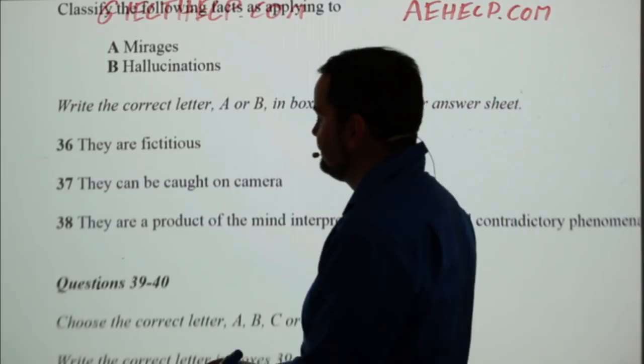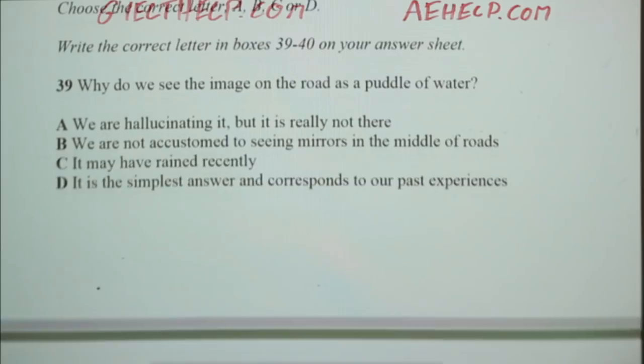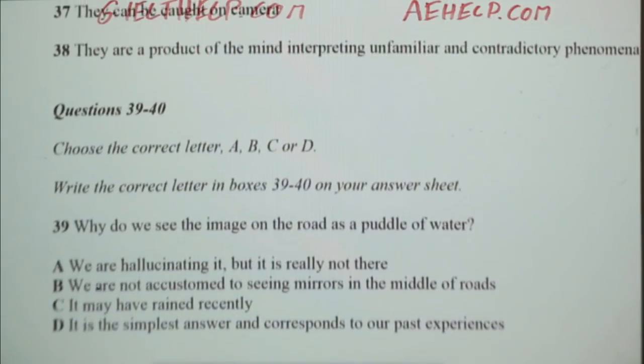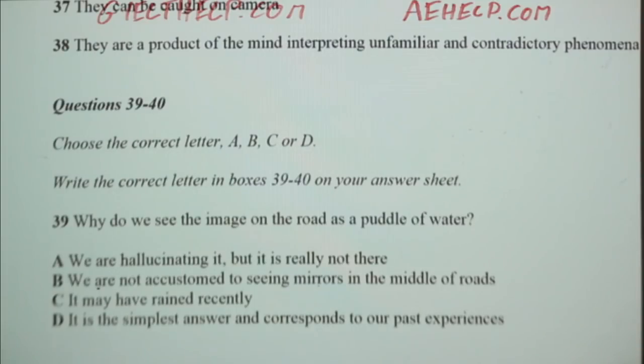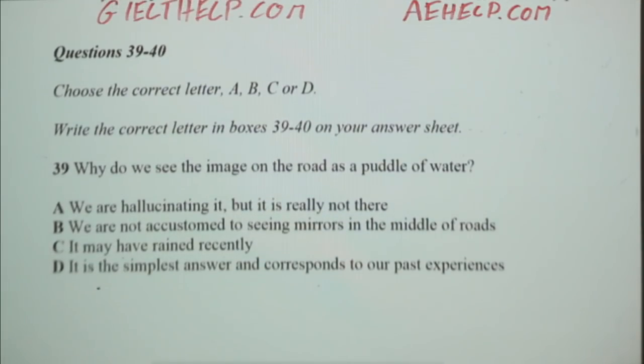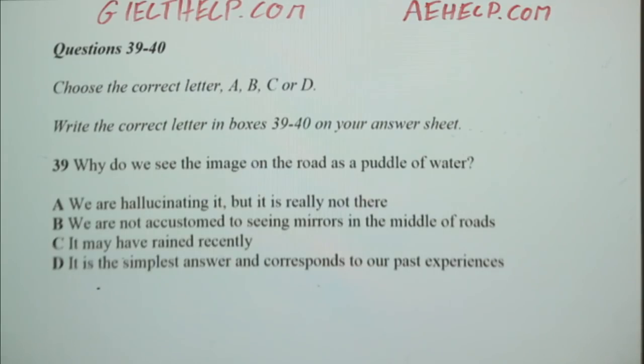So now, let's look at our final two questions, and use the multiple choice strategy that I taught you earlier in the first class for today. If you missed that one, please check it on the YouTube channel, okay? So here we go. Write the correct letter, A, B, C, or D, in the boxes.